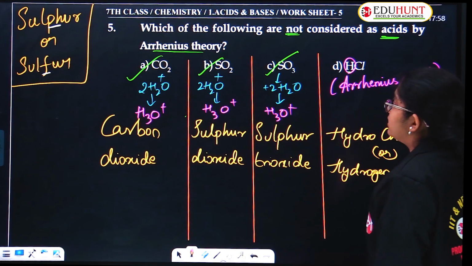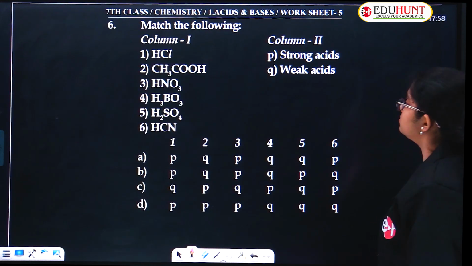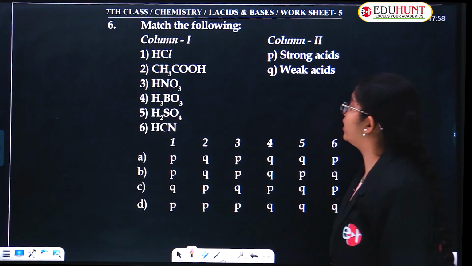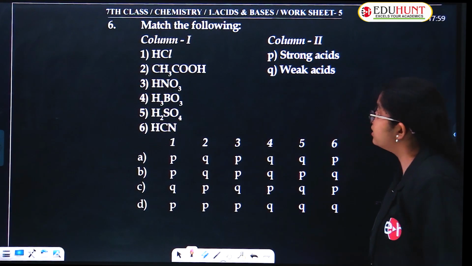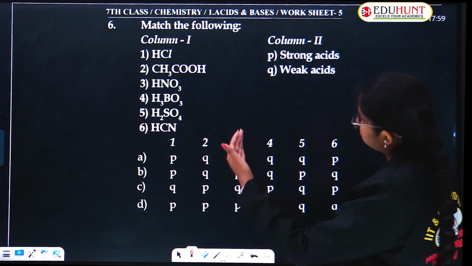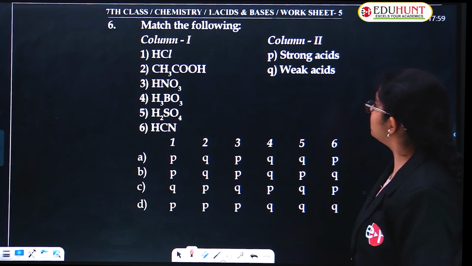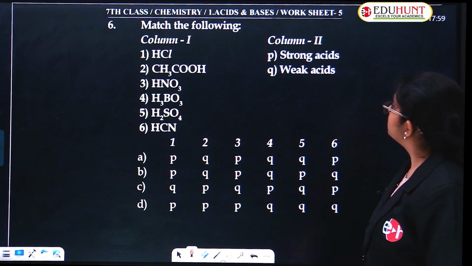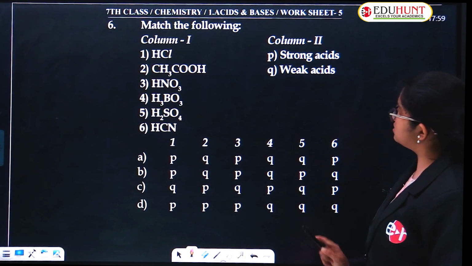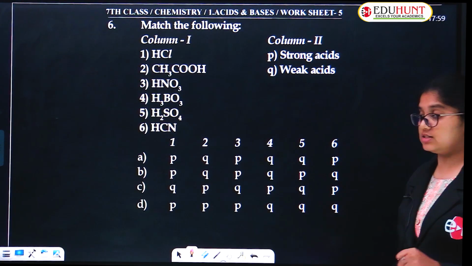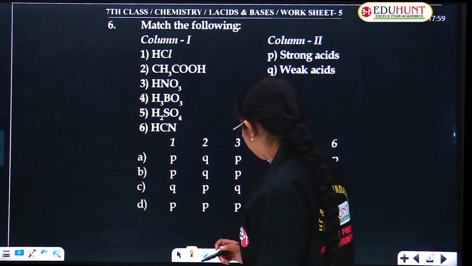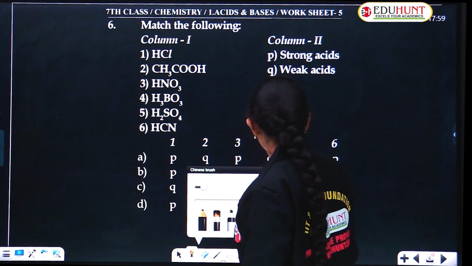Okay, move to the next one, question number 6. Match the following. Column 1 and column 2 are given. In column 1 we have 6 formulas and in column 2 we have 2 headings, namely strong acids and weak acids. Based upon the strength of acids and bases, we have to remember this, children.